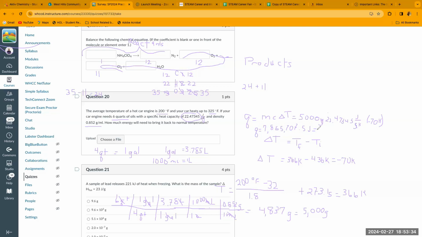We can put it in scientific notation, and there's only one sig fig, so that would be negative 8 times 10 to the 6 joules. And that'll be our answer.